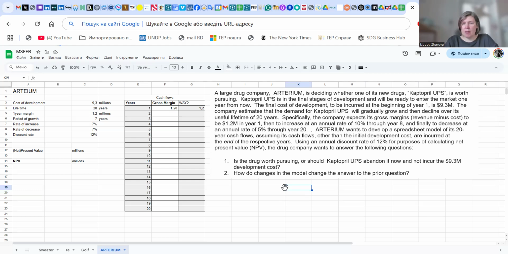So we have a pharmaceutical company, Arterium, and they want to introduce a new drug to the market.